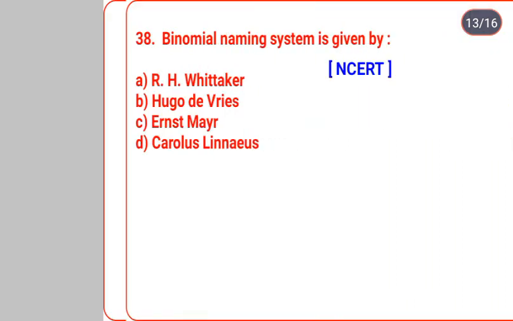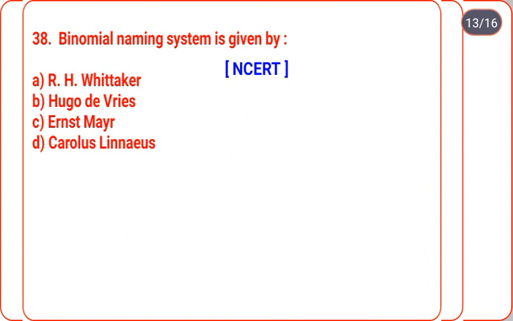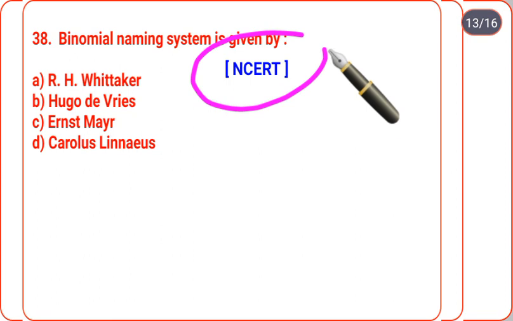Okay, next, question number 38. Binomial naming system is given by. Very important question, and it is exactly from the NCERT book. Option A R. H. Whittaker, option B Hugo de Vries, option C Ernst Mayr, option D Carolus Linnaeus.